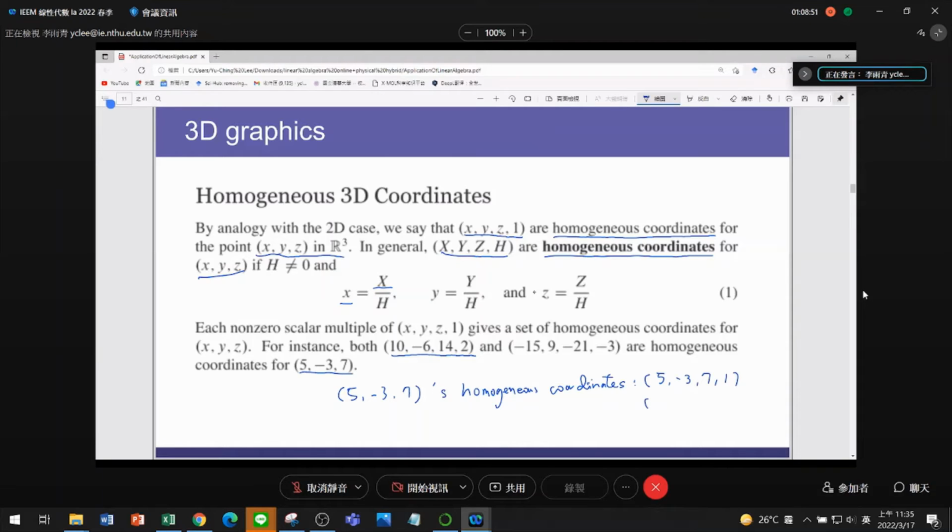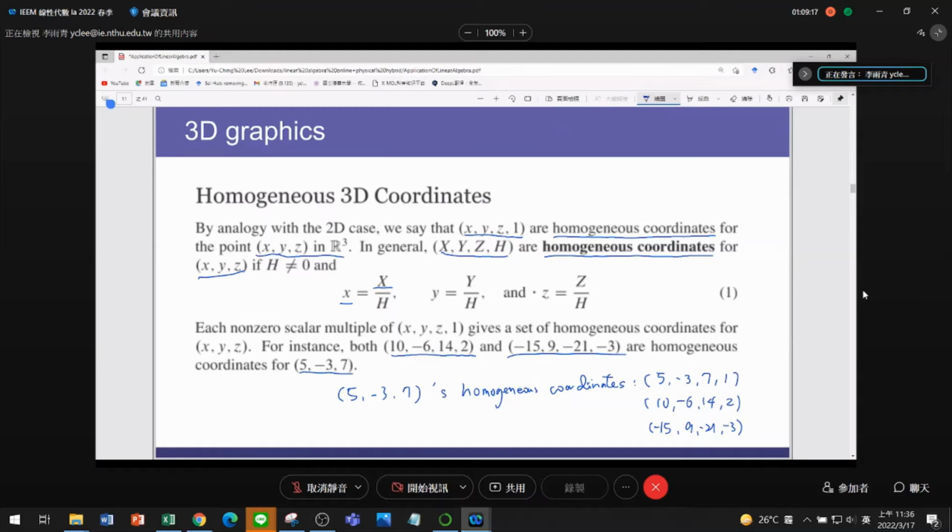But here it says that 10, -6, 14, and 2 is also a homogeneous coordinate. Similarly, -15, 9, -21, -3 is also a homogeneous coordinate for 5, -3, and 7.